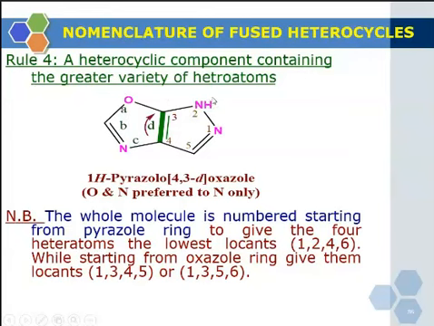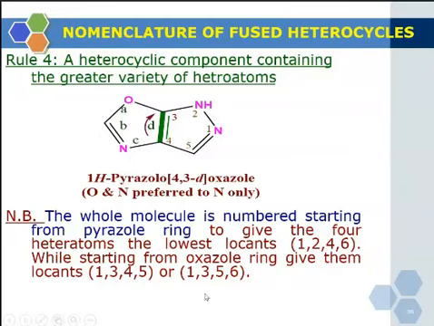However, if we start the numbering from the oxazole ring, then we will get numbers like 1, 3, 5, 6, or if we start from this end, 1, 2, 3, 4, 5, that is 1, 3, 4, 5.